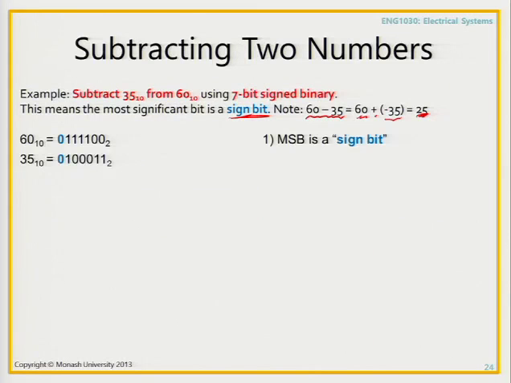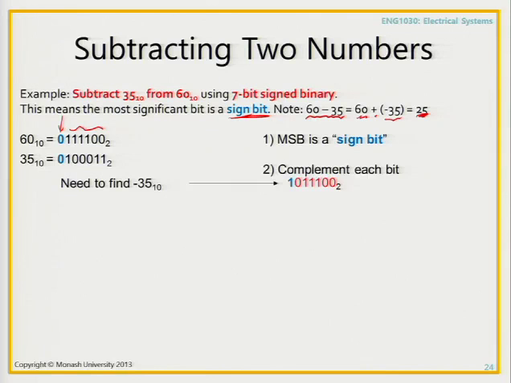So, what do we do? Well, we have 60 and we have 35, which we know is in 7-bit signed binary, and it just so happens that this 7th bit is enough to give us a sign, and these 6 bits are enough to give us a magnitude up to 63. Okay? So, to work out this problem, you need to find minus 35. To do that, you complement each one of the bits, giving us the 1's complement.